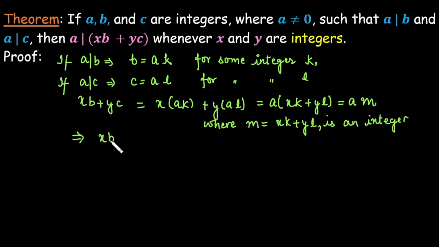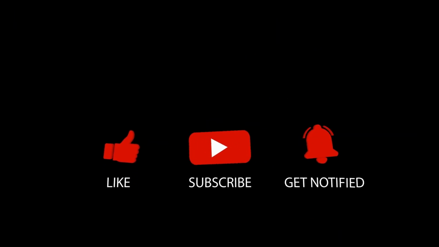This implies X times B plus Y times C by A is equal to some integer M. Or we can say that A divides X times B plus Y times C.